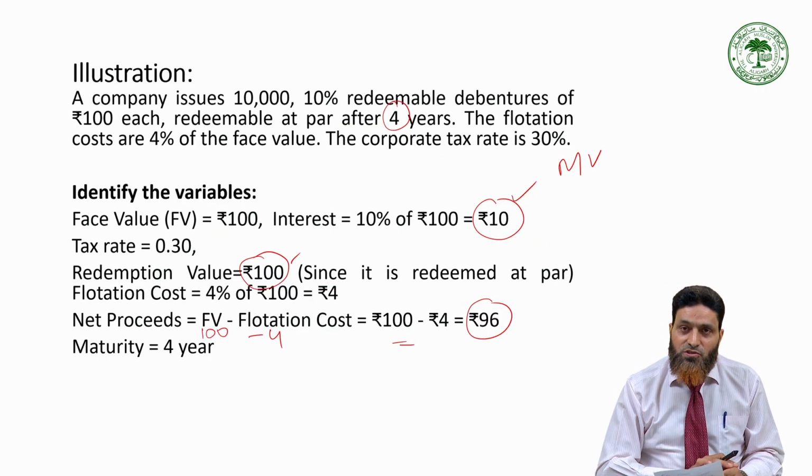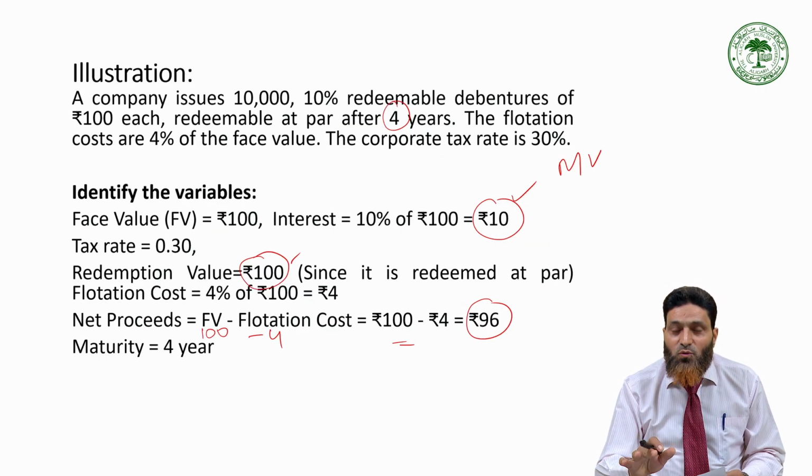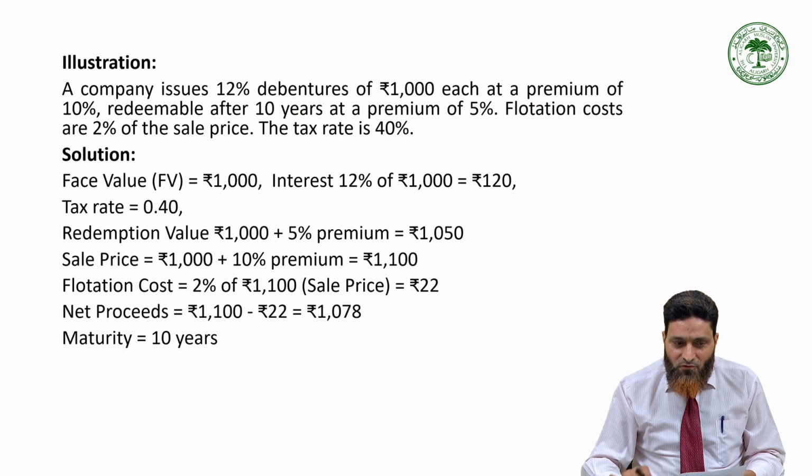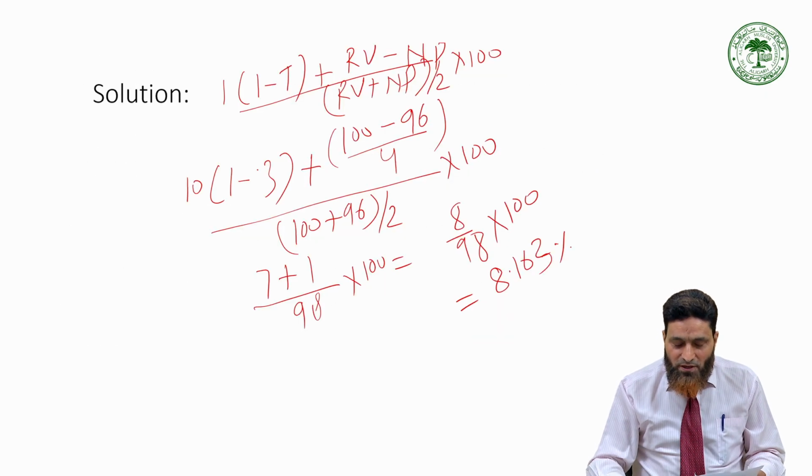So in this question, if you are asked to calculate for redemption of debenture, how the cost of redeemable debentures is calculated, you have to see the conditions of redemption and the conditions at the time of issue of the debenture. In this problem some complications, some other situations, are not given, but in the next problem I will take an example.